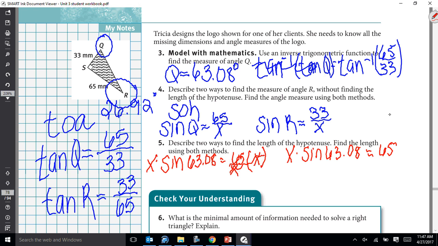That seems like a lot of letters, right? But is this special? No, this is just saying that it has some decimal going on over here. So I want x to be by itself. So how do I separate these two? I'm going to divide, because it's x times the sine of 63.08, and to undo multiplication, we divide.